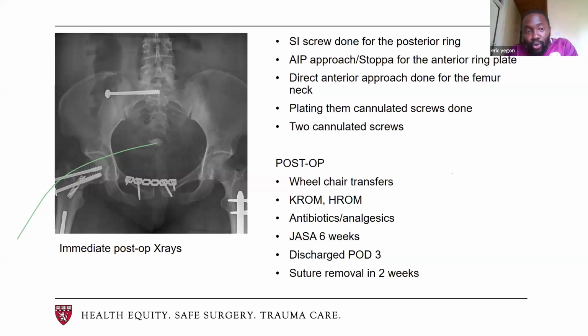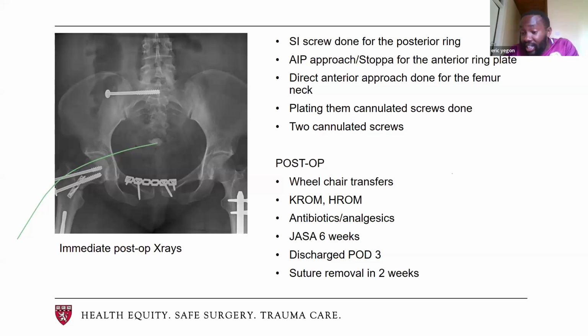You start wondering, it's already 2 weeks, can we even get this reduced closed? Because we had opted to do open and put the plate, and her neck is not as big, it couldn't even accommodate 3 screws. So we went for 2 screws, but we thought the plate being there should be enough fixation to stabilize it long enough for her to heal.